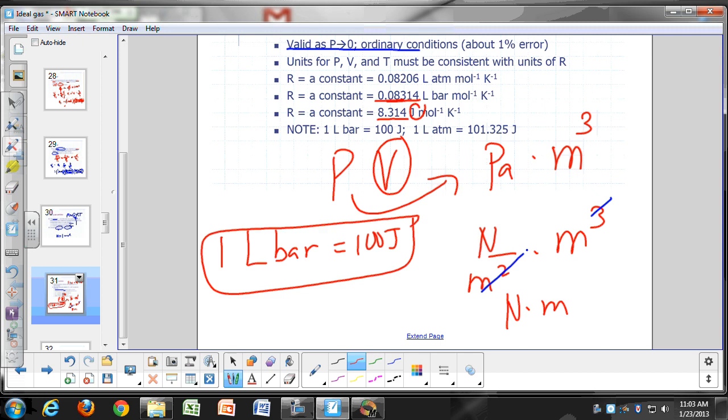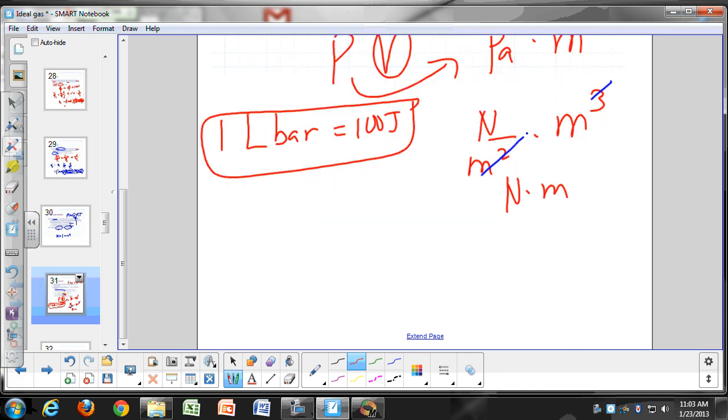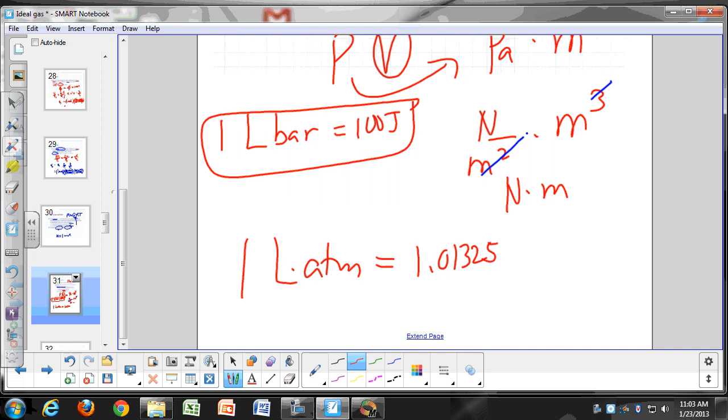So a liter atmosphere, a pressure unit times a volume unit, is actually a unit of energy. 1 atmosphere is 1.01325 bar, so 1 liter atmosphere is 1.01325 liter bar, or 1.01325 times 10 to the 2 joules. 1 liter atmosphere is 101 joules.